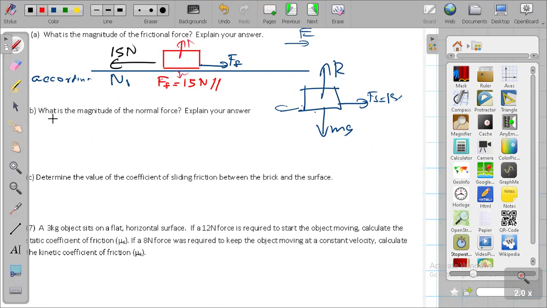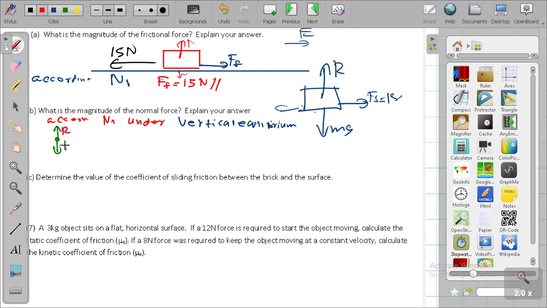So according to Newton's first law of motion, under vertical equilibrium, vertically it is balanced.